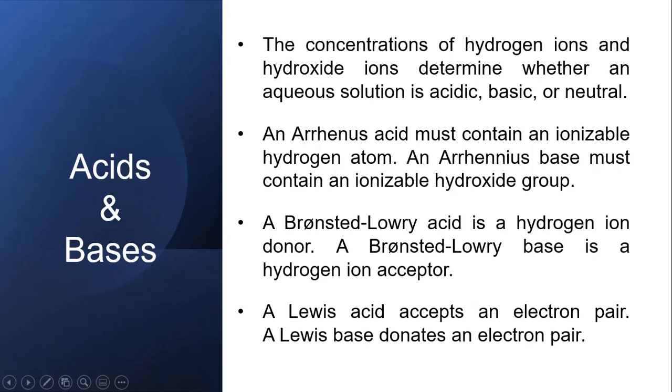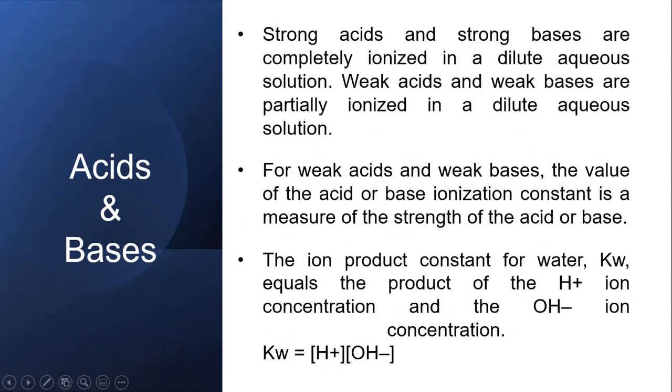The Arrhenius acid must contain an ionizable hydrogen atom. An Arrhenius base must contain an ionizable hydroxide group. The Bronsted-Lowry acid is a hydrogen ion donor, while the base is the hydrogen ion acceptor. The Lewis acid accepts an electron pair, while the base donates the electron pair.